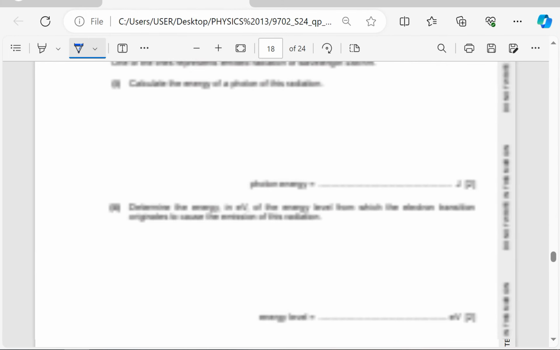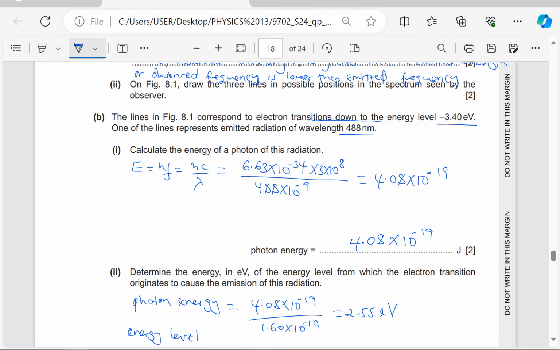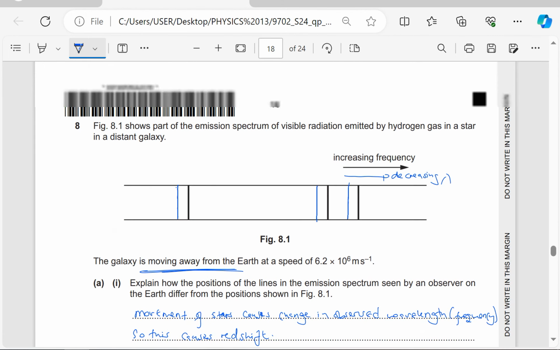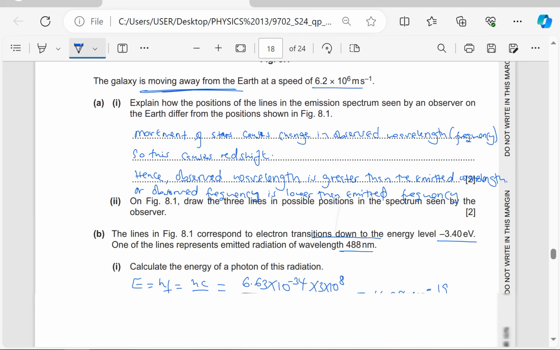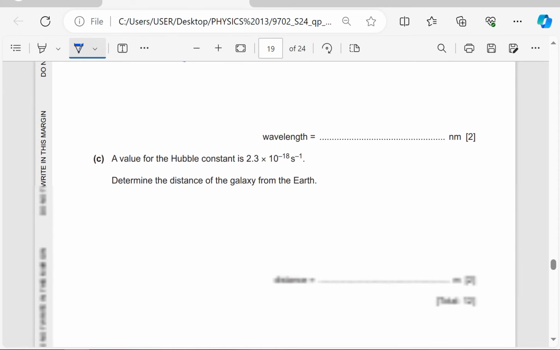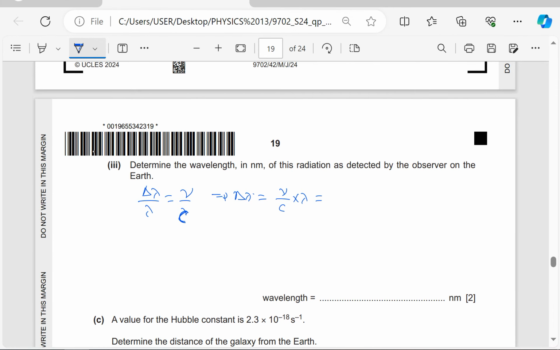What was the speed? Oh, the speed is 6.2 times 10 to the power of 6. Then the speed of light is 3 times 10 to the power of 8. Then they have given us the wavelength, which was 488. The answer is still in nanometers, so I will not change this.